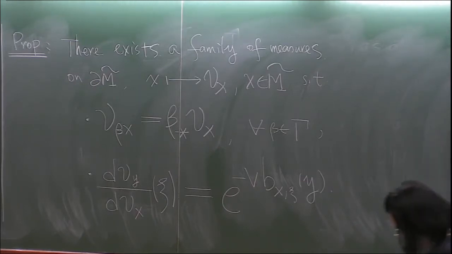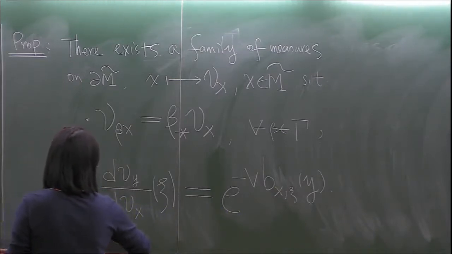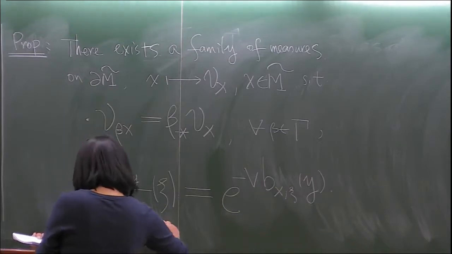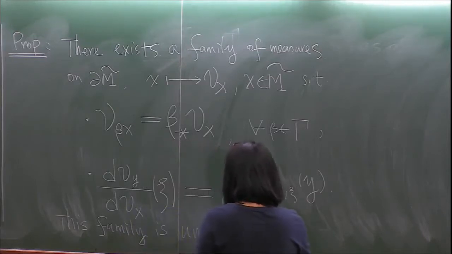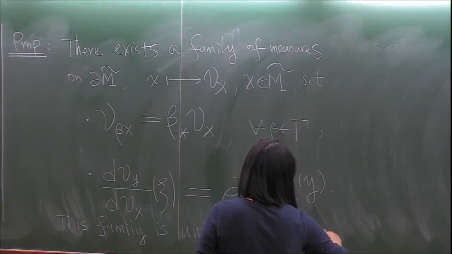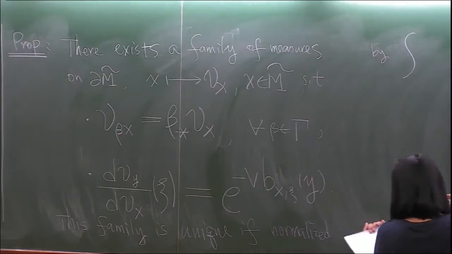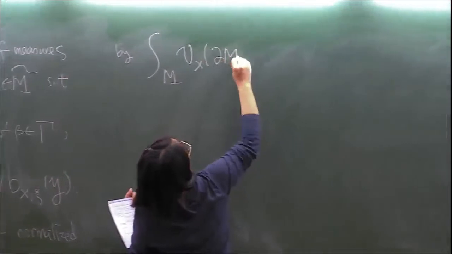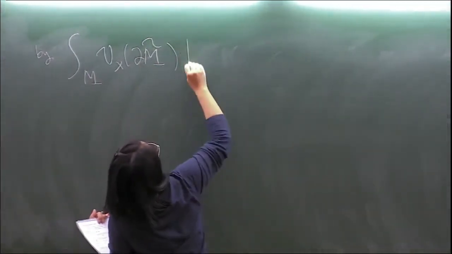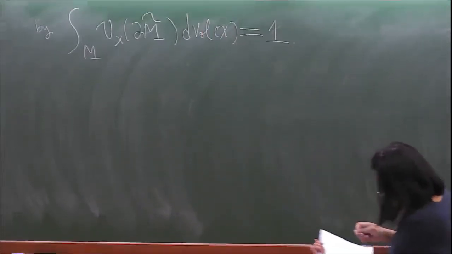So this family, and the conclusion is this family is unique if we normalize it, if we assume this equals 1.